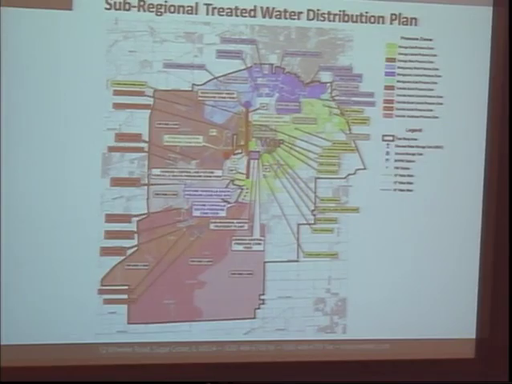The cost associated with how much flow is provided, the max day flows in each one of these pipes, is distributed to each one of the communities. Yours is the simplest because you're the only one in this pipe, so the full cost of this pipe was applied to you in the cost estimate. For these other ones where it's shared between Yorkville and Oswego, a portion was applied to Yorkville, a portion was applied to Oswego.